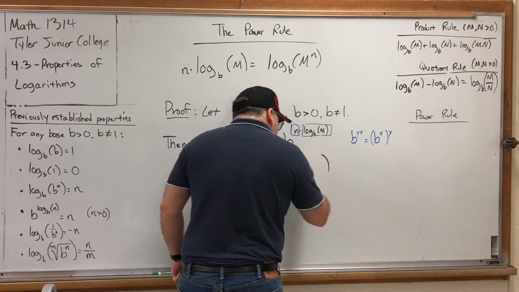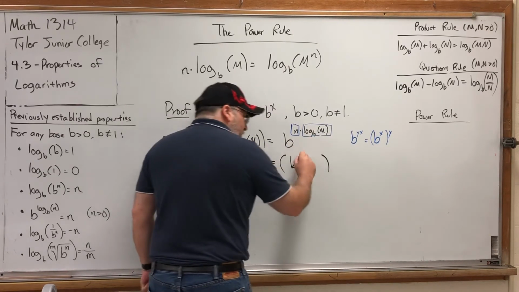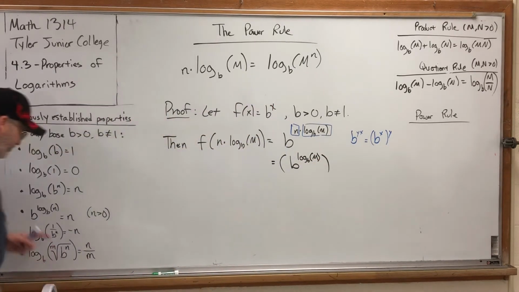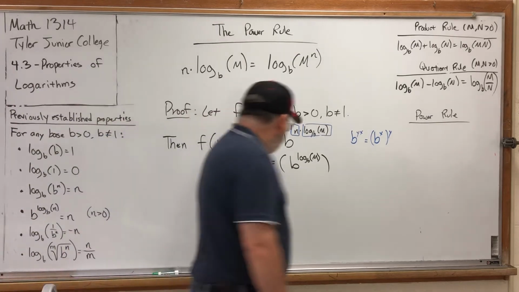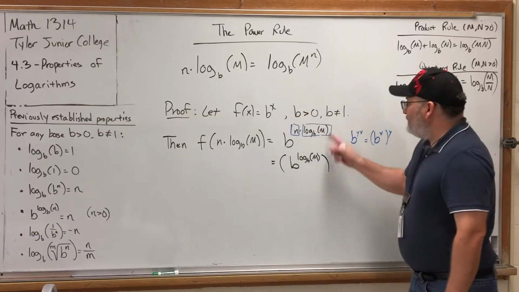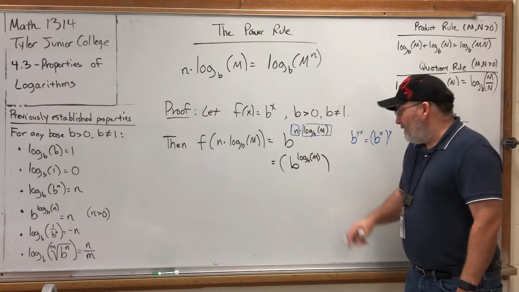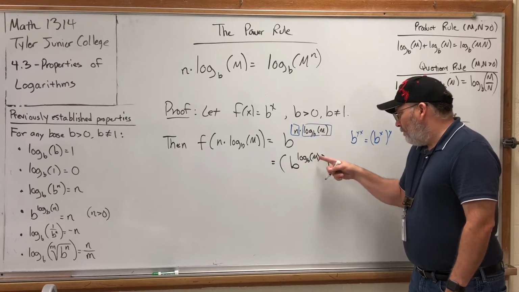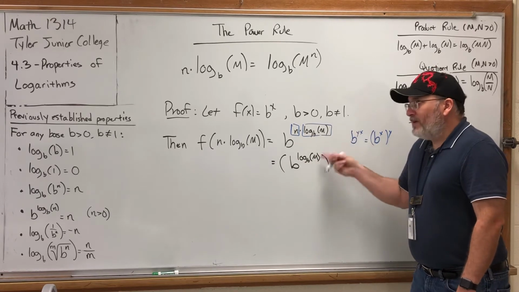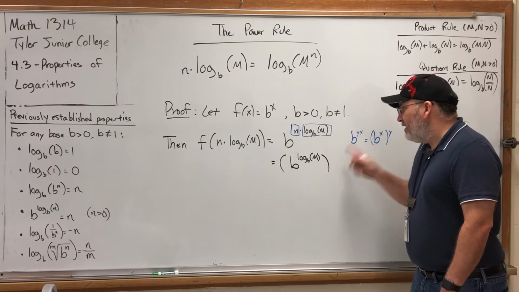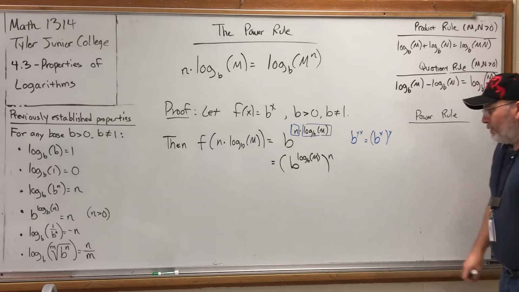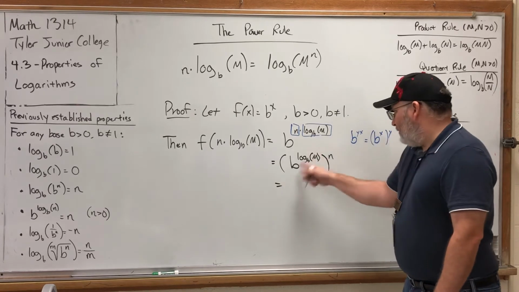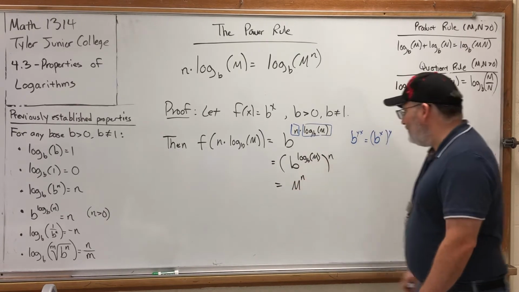So I'm going to choose to put the second factor as the power inside the parentheses, specifically so I can take advantage of this property. So b to the n times log base b of m power is equal to b to the log base b of m power, in parentheses, then raised to the nth power. And now I can take advantage of that property over there. The base and the log cancel, leaving an m, that's m to the n power.